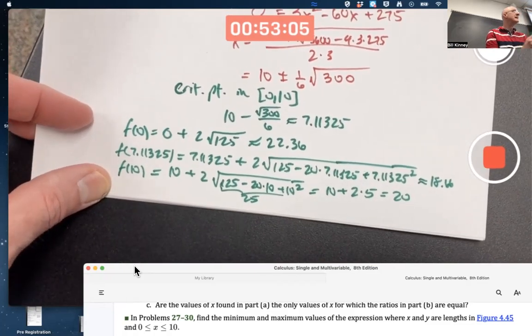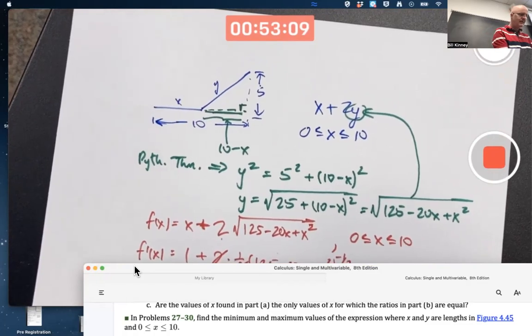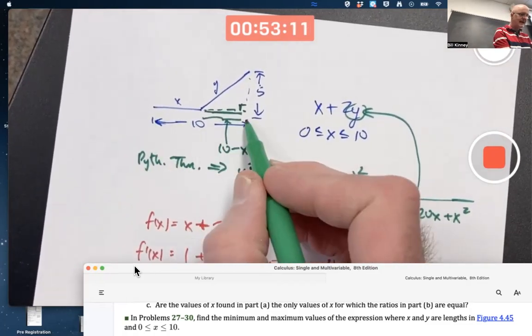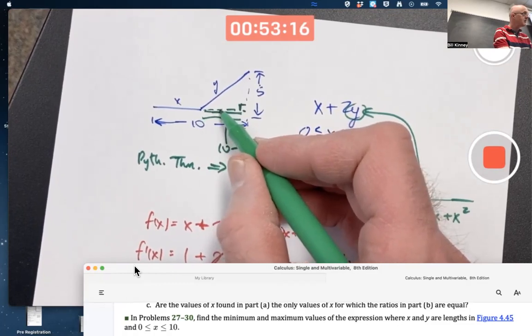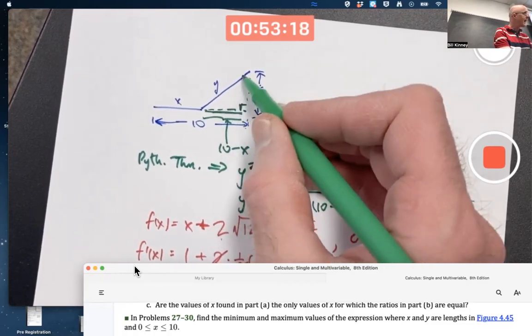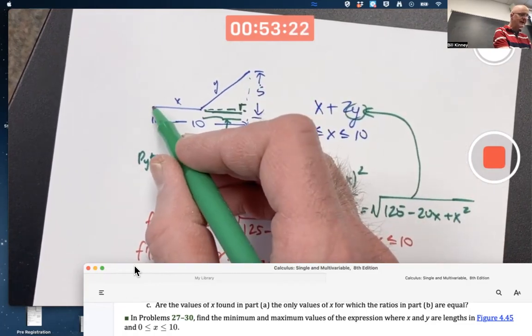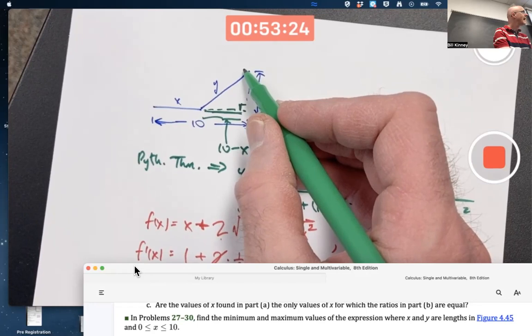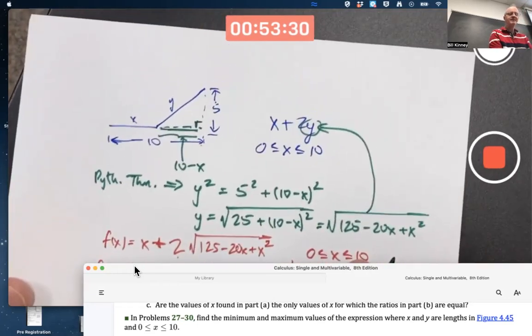So if you were trying to minimize distance, if this distance is 10, you want x to be about 7.1, you'd want to go to about here before going up like that. If you're trying to maximize distance, you do a slant right away. X is 0. Right, that doesn't make sense. Oh, no, we're not trying to maximize distance, sorry.